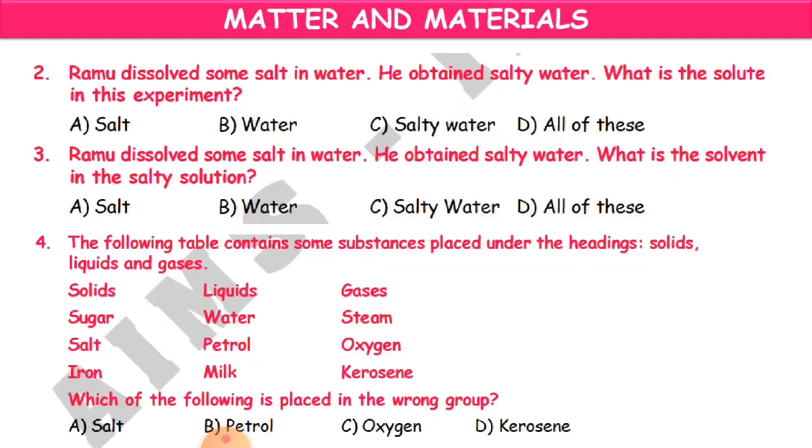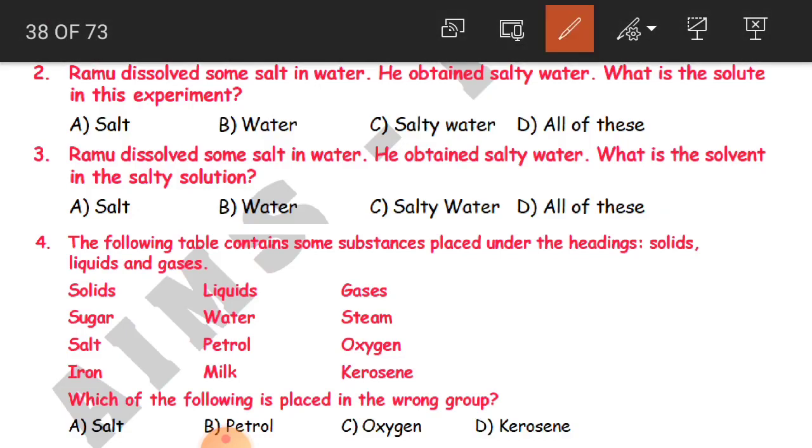Clear? Now the second question is Ramu dissolved some salt in water. He obtained salty water. What is the solute in this experiment? Ramu just put some salt in water, and after that what happened?